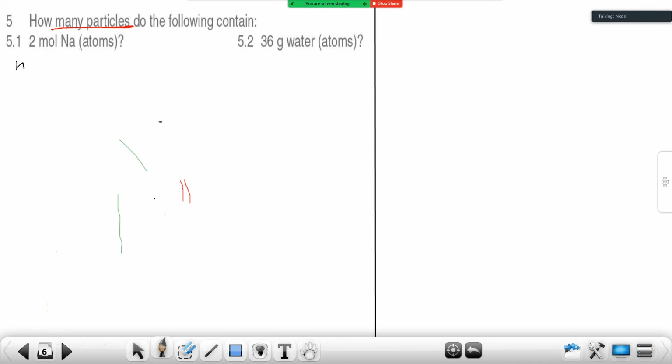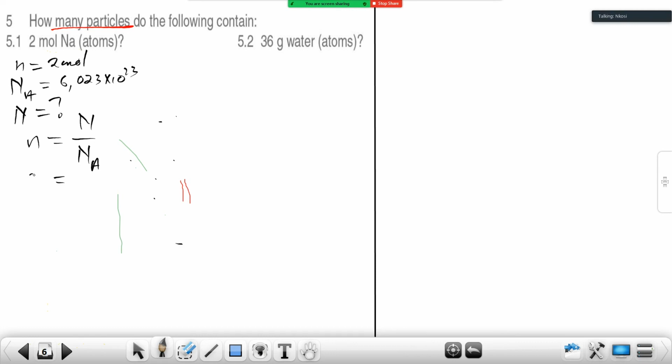I am given the number of moles, which is 2 mole, and I know that I have Na, which is 6.023 multiplied by 10 to the power 23. Then I need the number of particles. Remember, N over Na. And I will forever emphasize, don't manipulate the formula. Write the formula as it appears in the formula sheet.